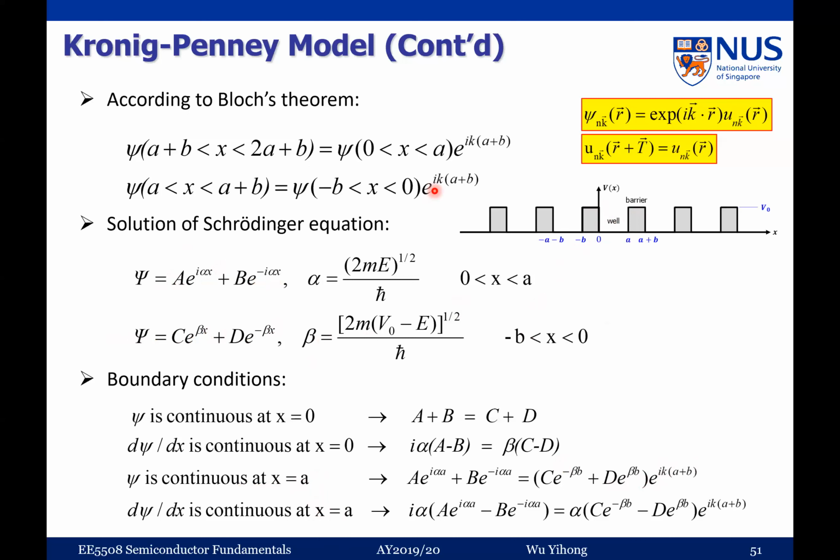This is simply obtained from here, right? So now this is equal to this one, and similarly the first order derivative must be continuous, and again you have this phase factor. Okay, this is due to Bloch's theorem, right?